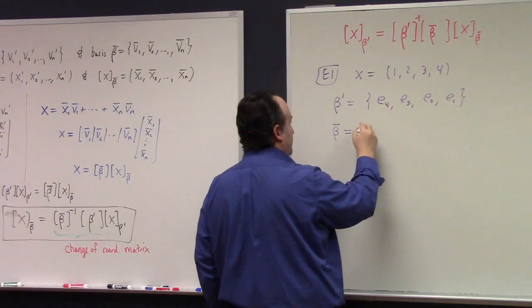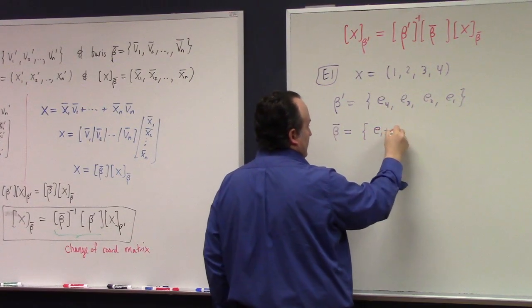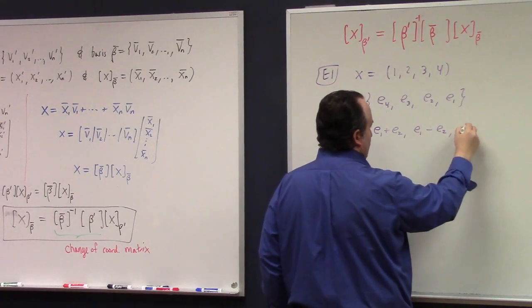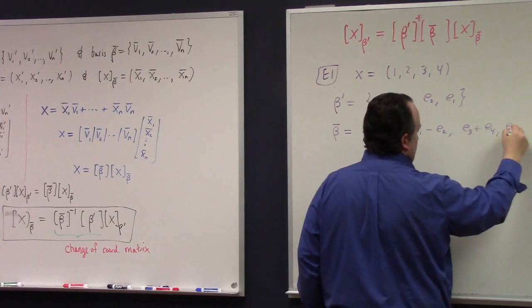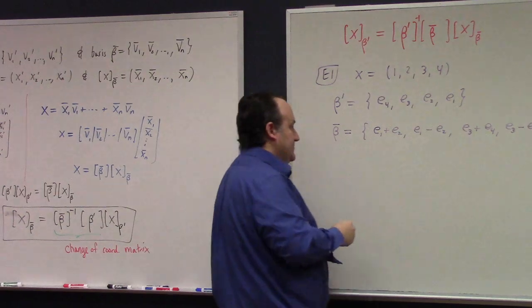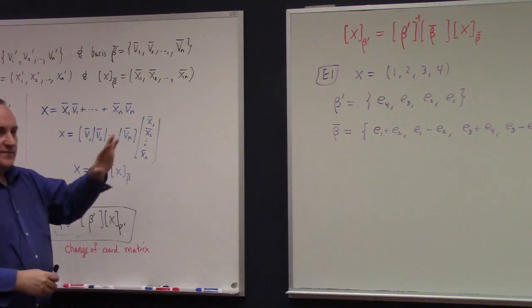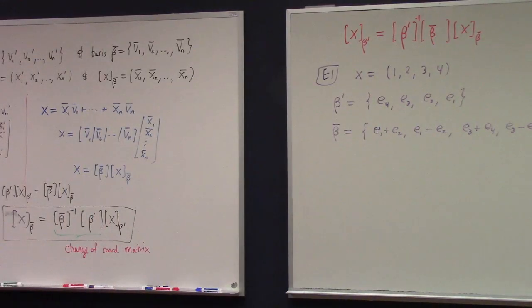There we'll do like e1 plus e2, e1 minus e2, e3 plus e4, and e3 minus e4. That should be a little bit more exciting. So these are two different bases for four-dimensional space, right?